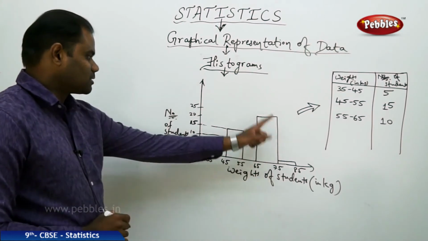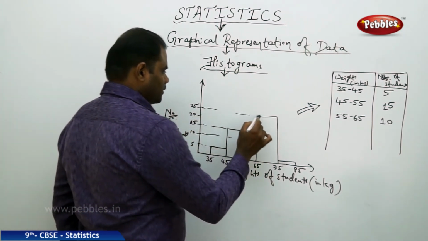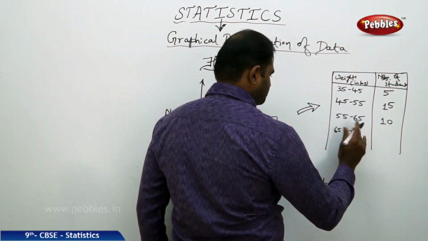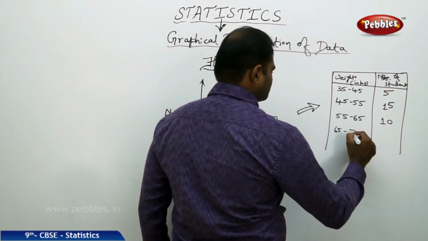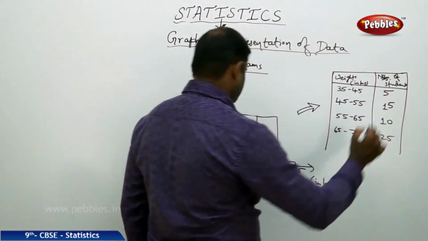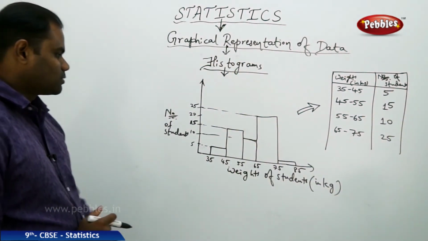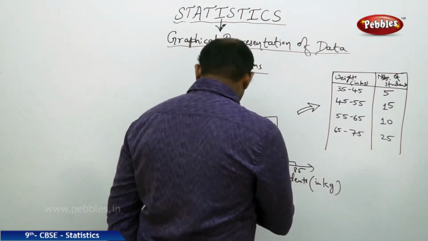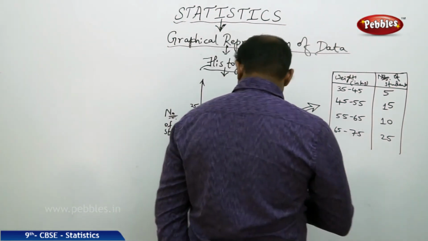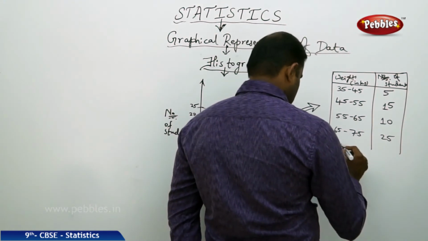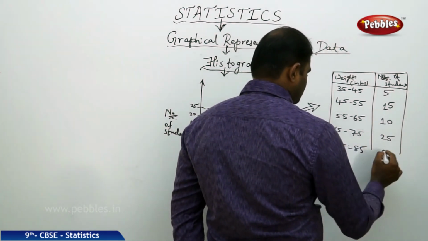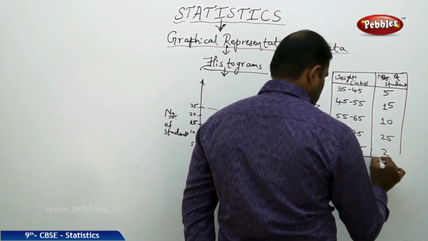Then 65 to 75, they lie in the range of 25. And 75 to 85, there are only 2 students. If I approximately take here, I see that for 75 to 85, the frequency is 2.